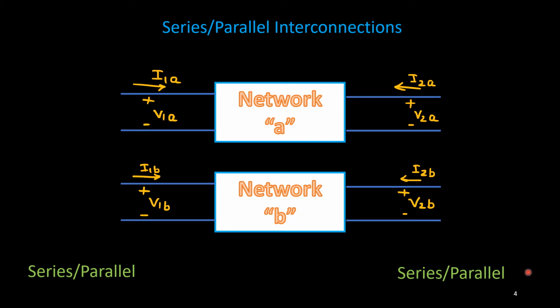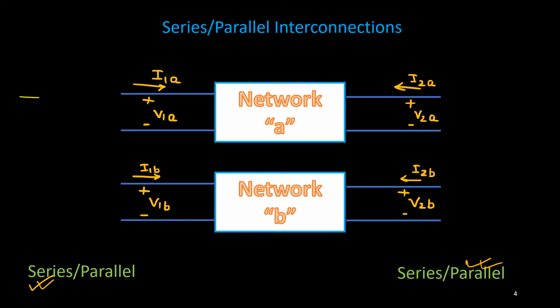I can discuss any one first. Suppose I am considering input side series and output side parallel. So how to combine here? Let us see. I'll consider the input side as series and the output side as parallel.